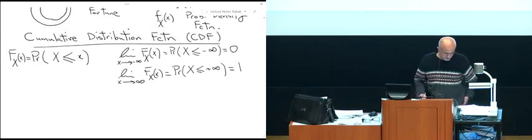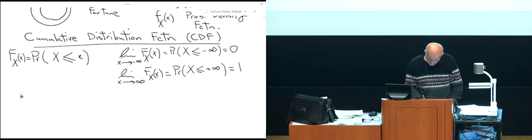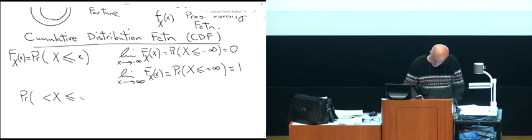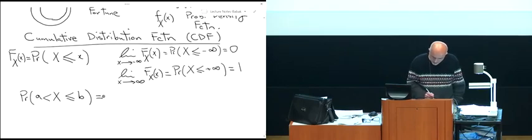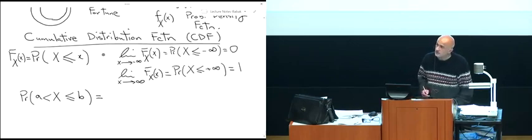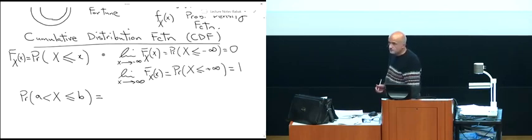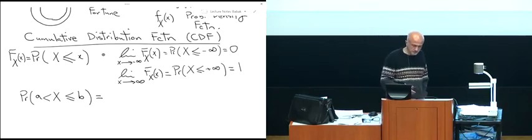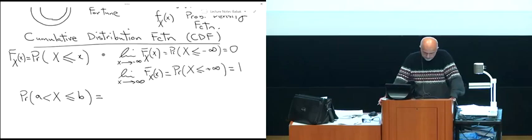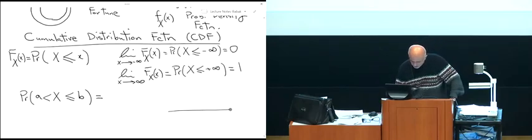Okay. If I ask you what's the probability that x is between b on this end and a on this end, can you write that in terms of the cumulative distribution function? Talk to each other. When in doubt, draw. Here's the x-axis.